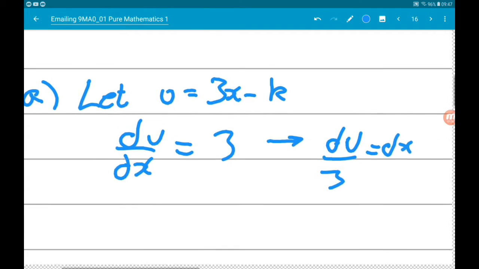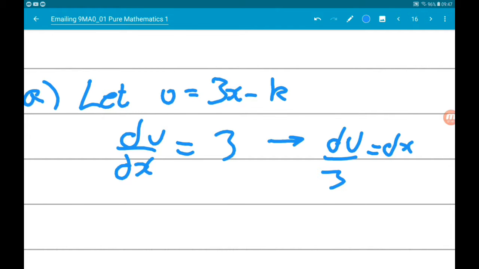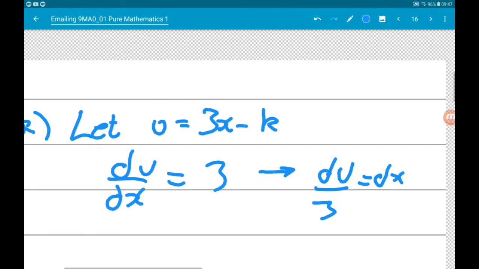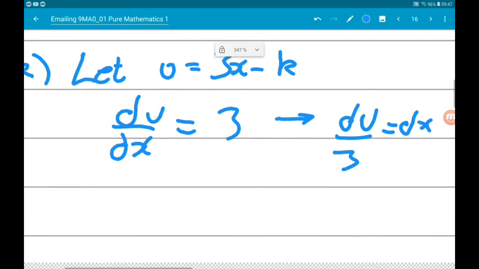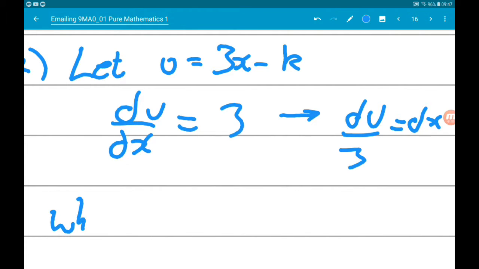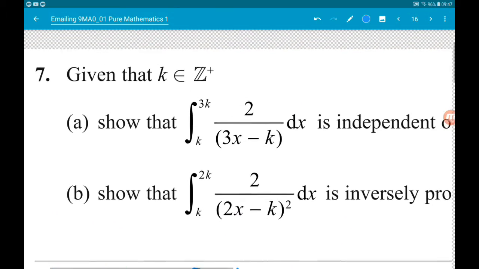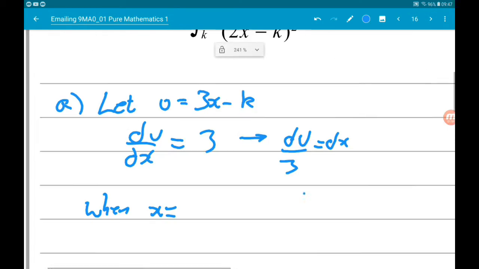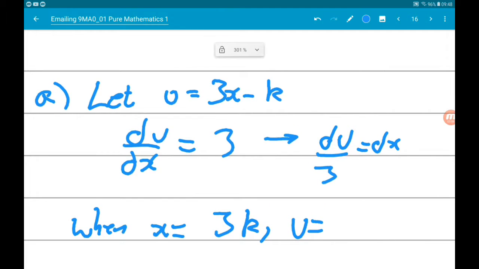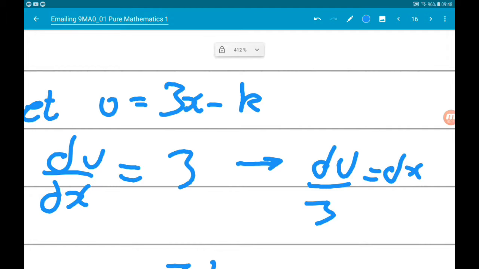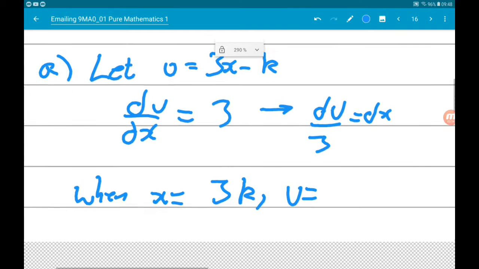So the integral, we now also need to change the limits. When x is 3k, u is going to be 3 lots of 3k minus k, so that's going to be 8k.